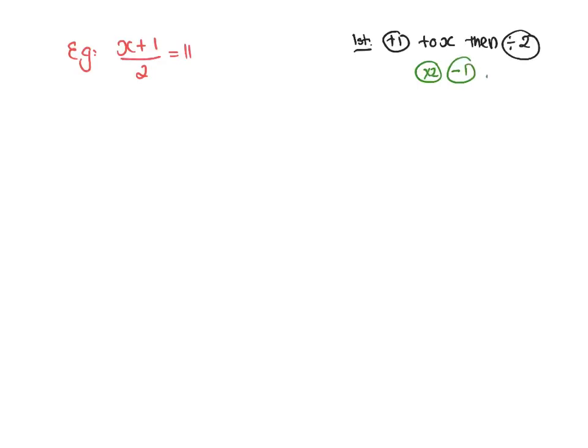So let's have a look over here solving it. Because the divided by 2 was the last thing to be done, that'll be the first thing I move. So dividing, I'm going to do the opposite, which is timesing. So I've got x plus 1 equals 22, and then I'll move the 1. The plus 1 on this side, if I move it over, it'll subtract. So x equals 21. Okay, so let's do another example.